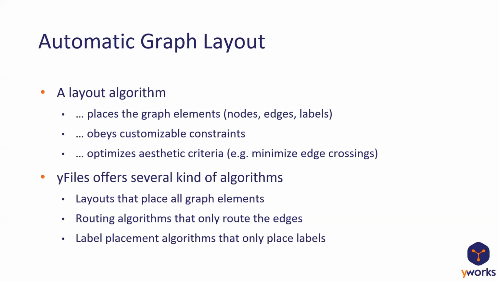Then the second type are routing algorithms, which only handle the routes of the edges, so they do not change the locations of the nodes. And finally, the label placement algorithms only handle node and edge labels, but they do not change the edge and node locations themselves. And we will discuss all these three types of algorithms during this webinar.